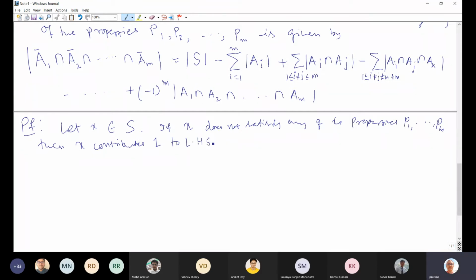Okay, is it clear to you? And if X satisfies at least one of the properties, then X will contribute 0, right?